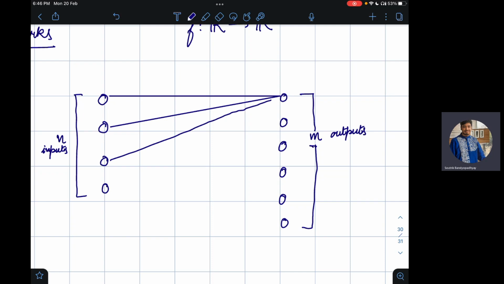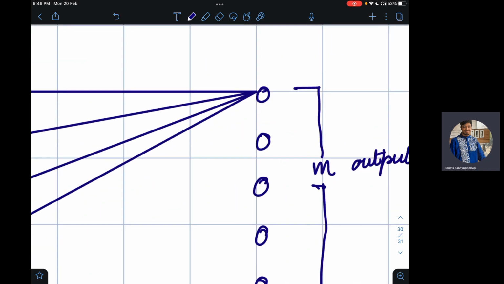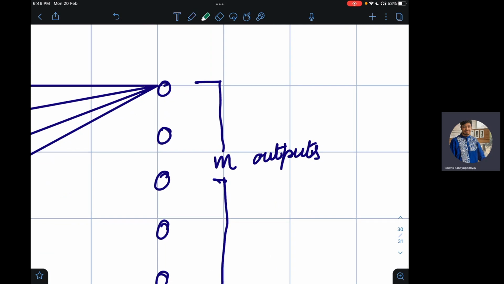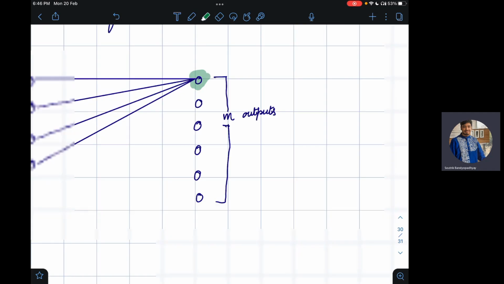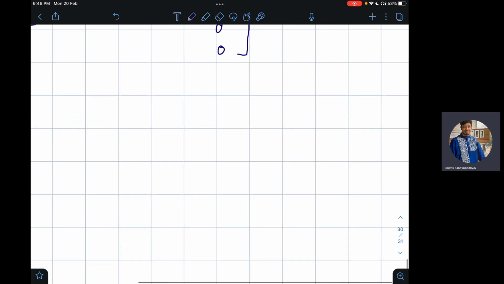I would be discussing something in between, but for now, let's consider a very simple example, and I'm just focusing on this particular node over here. So let's just look at this node in detail.